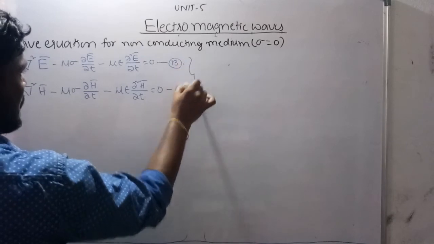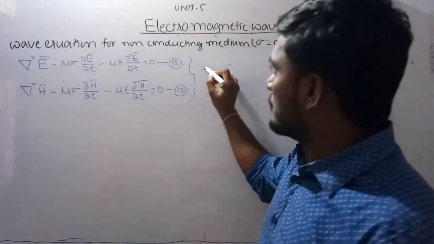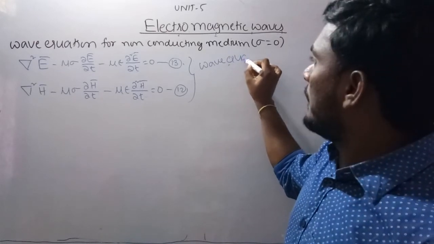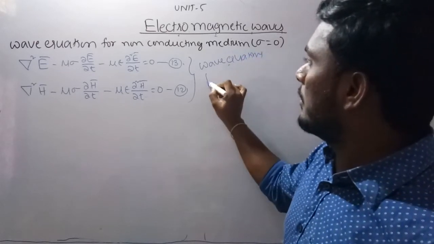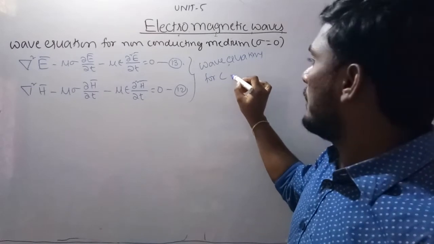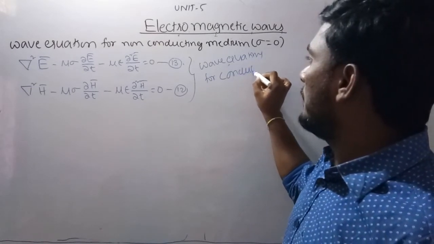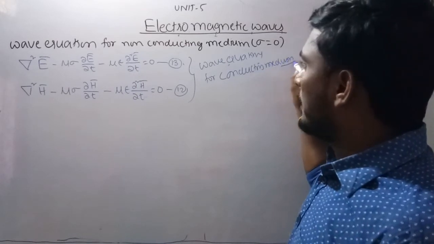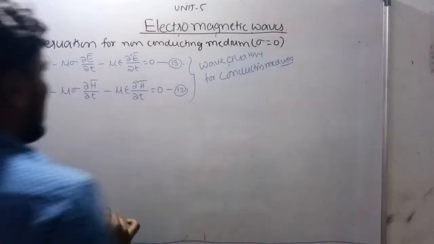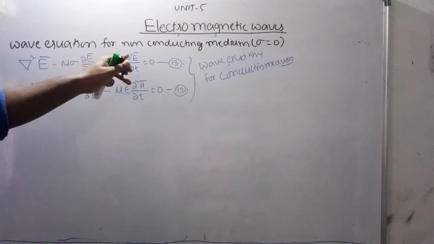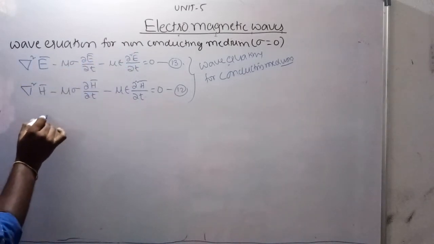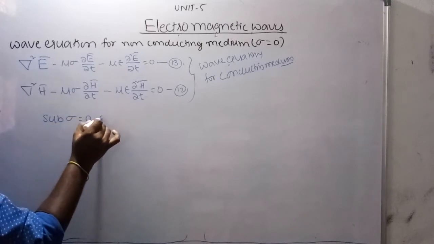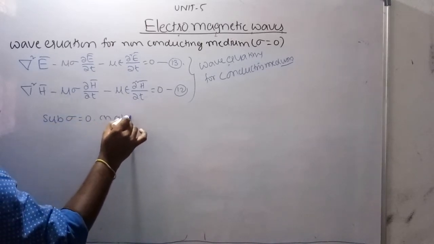These two equations are called wave equations for conducting medium. Now, as we are deriving the equation for non-conducting medium, substitute conductivity equals 0 in the above two equations.